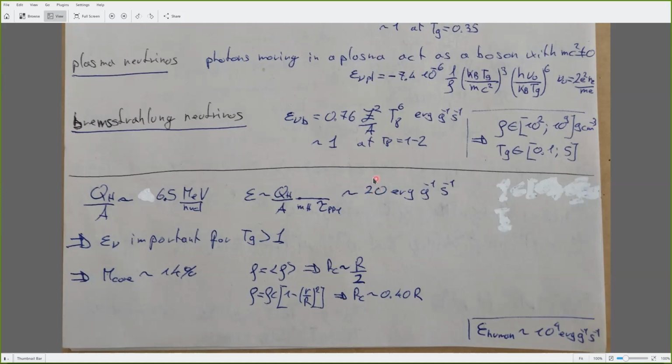As you saw, the production is really low. But since the star's mass is huge, it can produce a lot of energy. As we saw, the typical time is really long, so you cannot produce a lot of energy quickly.